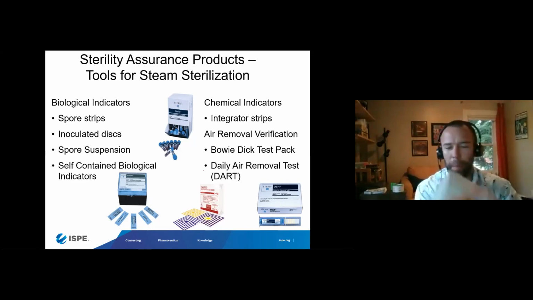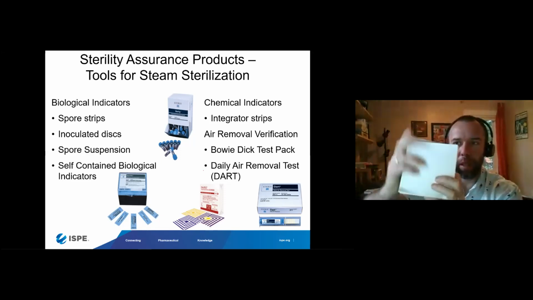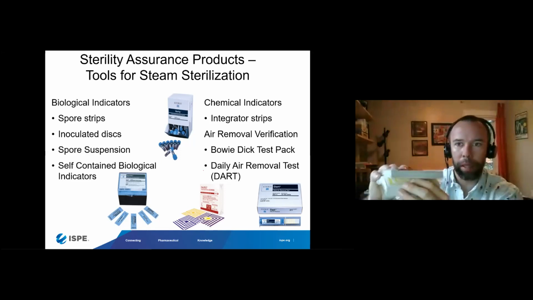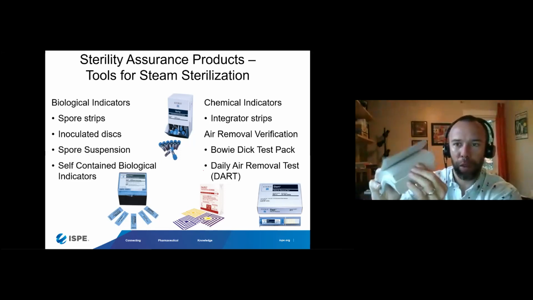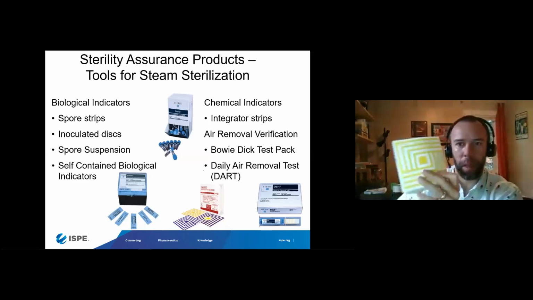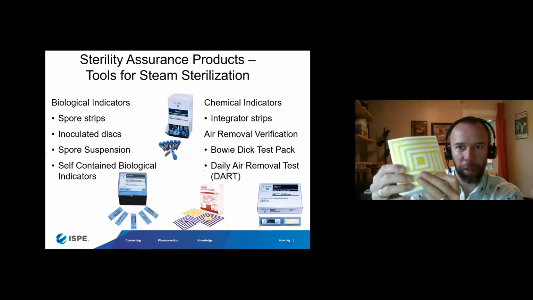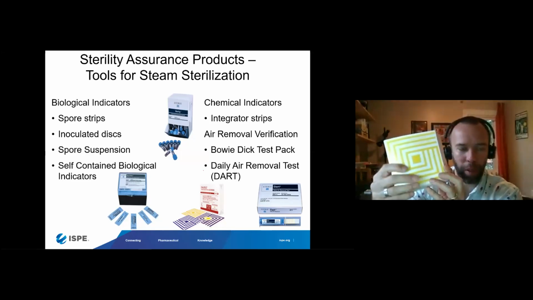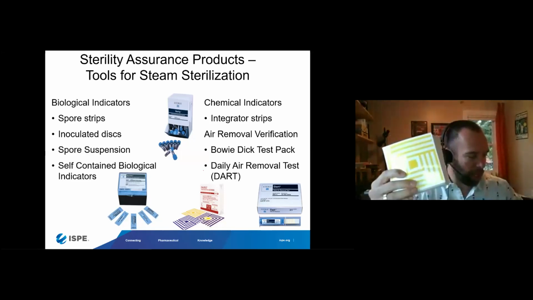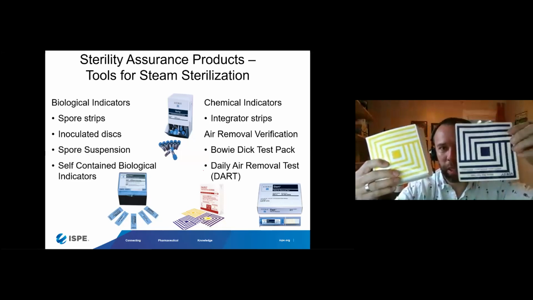Inside that wrapped pack is a stack of newsprint here to create a worst case challenge for that air removal cycle. And at the center of the pack is a chemical indicator. And if there was successful air removal and steam penetration through that wrapped pack, this chemical indicator would change color to a dark blue.